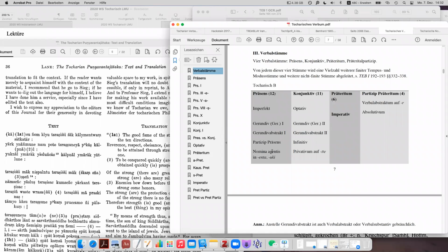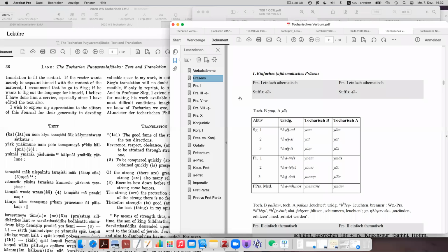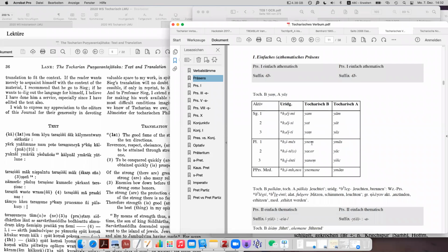And then you can build all the forms. So today we talk about the present. For the present, we can distinguish between semantic and asematic present. The first is probably the asematic.